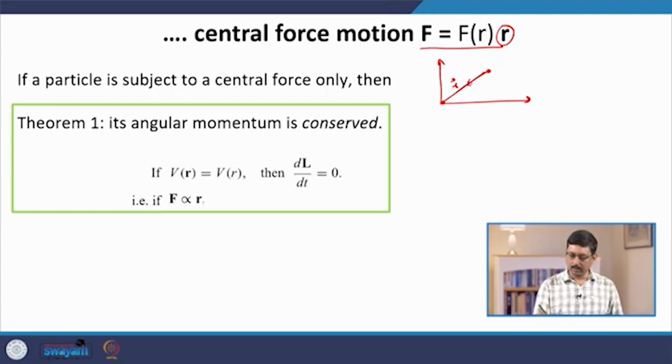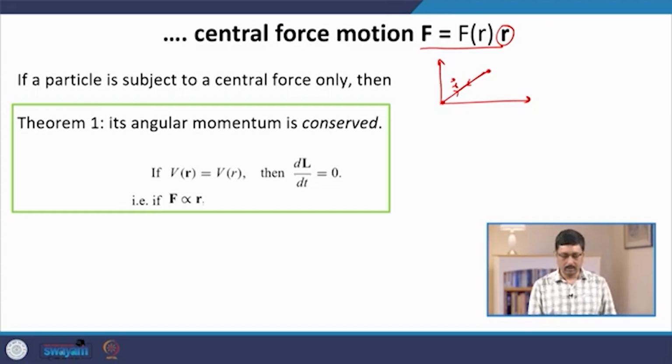Now, it can be towards the origin or away from the origin. So the F_r, the magnitude of the force, can be positive or negative, but the direction is always along the position vector. If this is the case, then we can immediately see that a particle moving in such a condition will have a constant angular momentum.